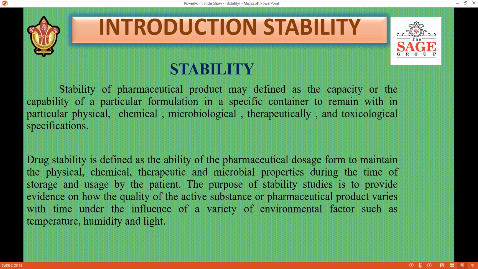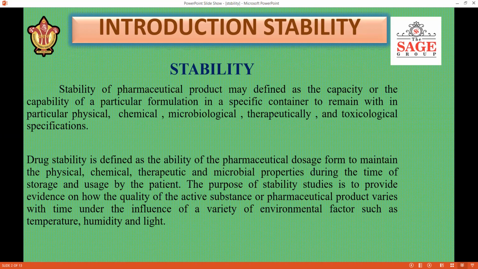Drug stability: the purpose of a stability study is to provide evidence on how the quality of the active substance and pharmaceutical product varies with time under the influence of a variety of environmental factors such as temperature, humidity, and light, and to establish the retest period of the drug substance and shelf life of the drug product and recommended storage conditions.